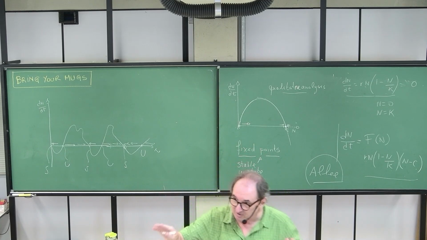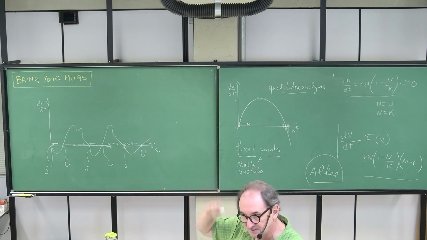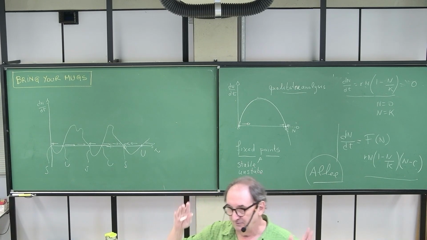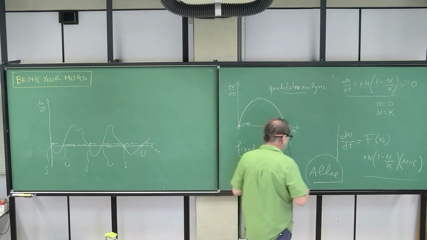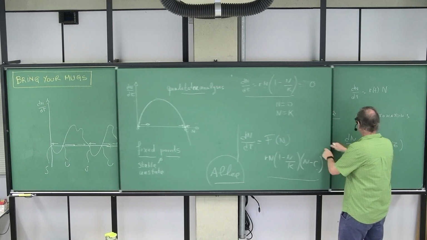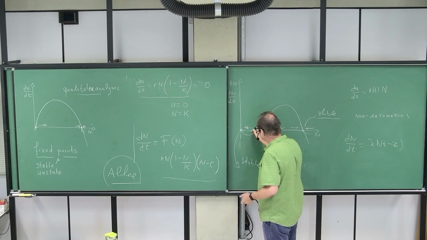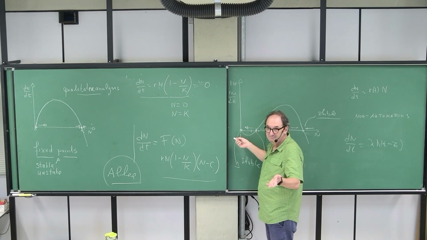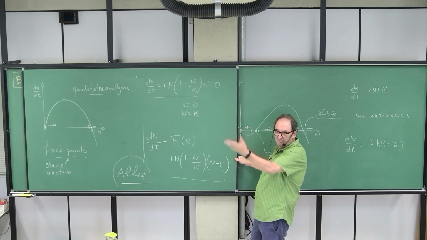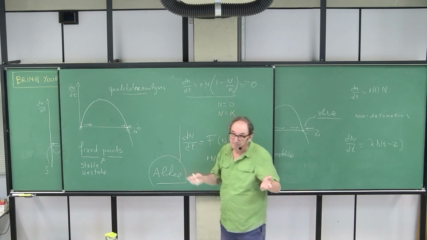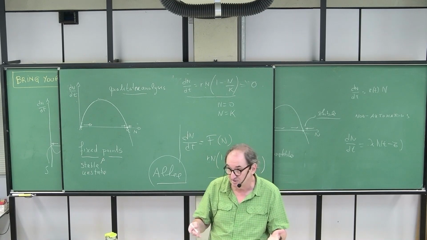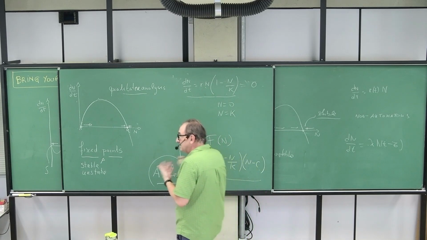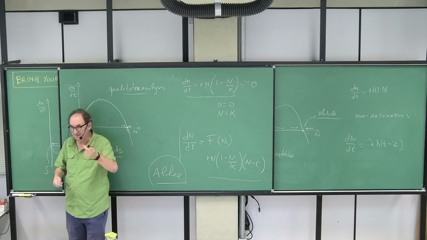Maybe there are situations where you cannot reach the carrying capacity. When you start with, for instance, as we had here before, if you start here, you don't reach the carrying capacity at the end of the day. You go to 0. So you could have more and more fixed points, which would mean that depending on where you start, your initial condition, you go to the carrying capacity or not. So it is the maximum, but it's not necessarily attainable.